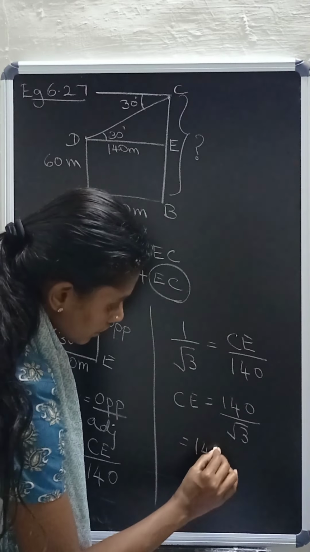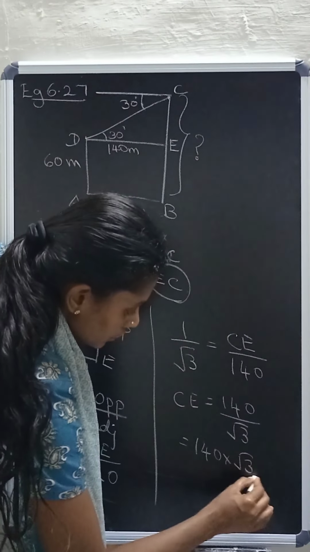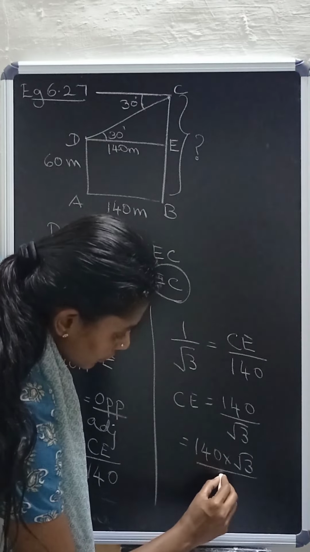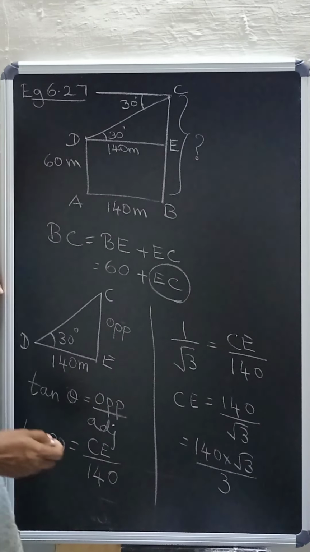Taking the conjugate, 140 into root 3 divided by root 3 into root 3, which is 3.